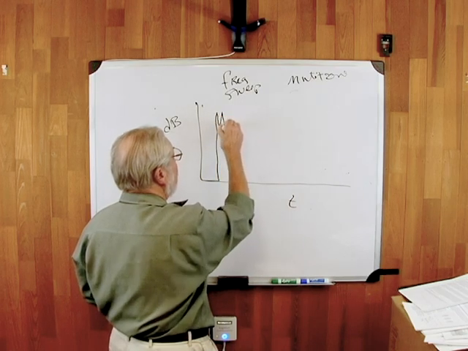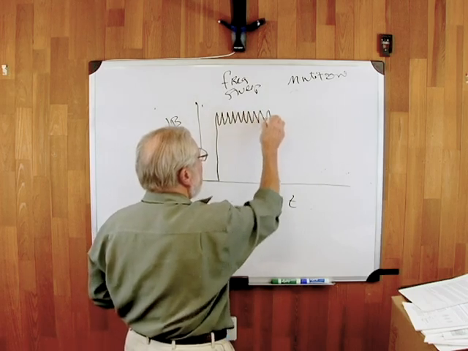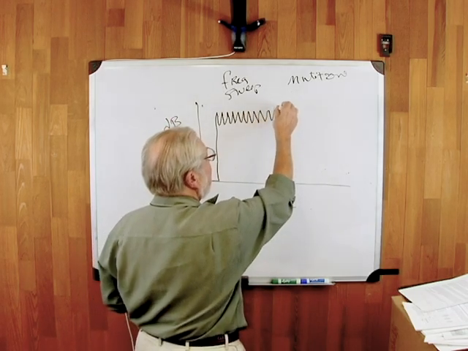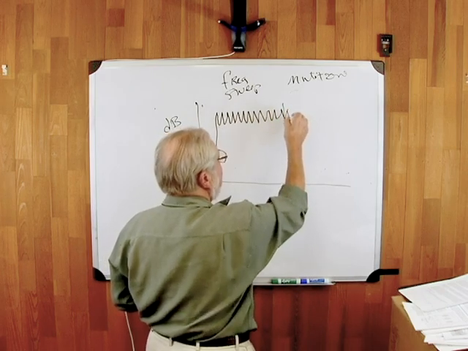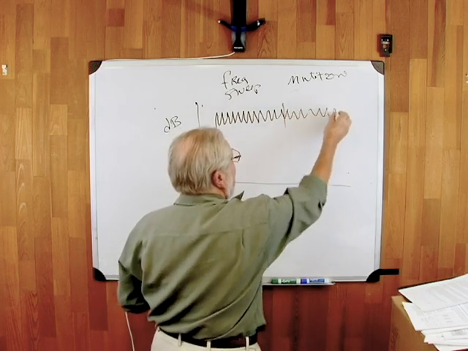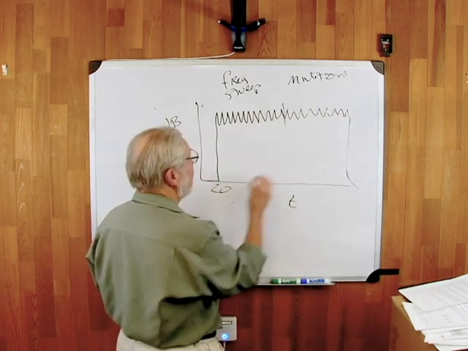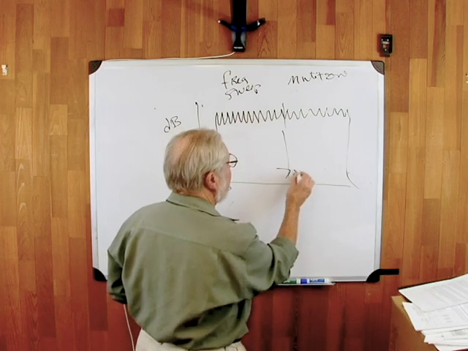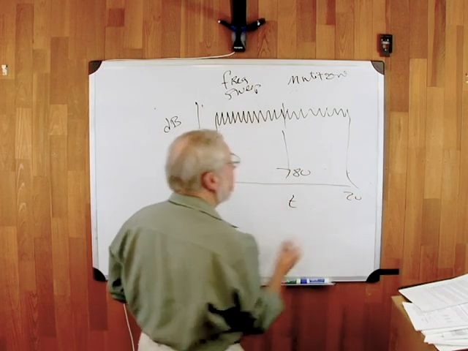Boop, boop, boop, boop. And then, in the mat test, which is what we came up with, it goes back down again. Bop, bop, bop. Okay, and this starts at 20, peaks at 780 hertz, and drops down to 20 again.